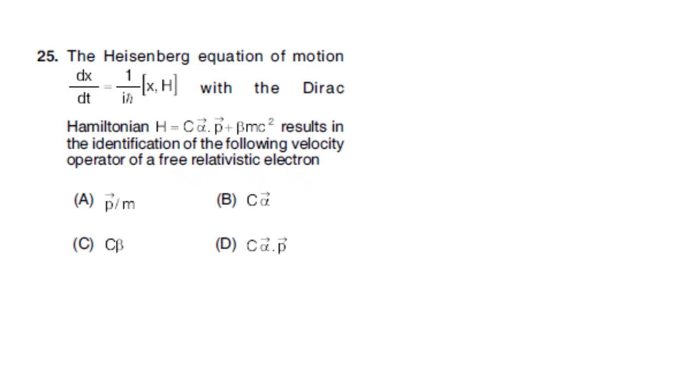So here it is given that dx/dt is equal to 1/(i h cross) commutator [x, H], and here H is given by c alpha dot P plus beta mc square, where alpha and beta are Dirac matrices and m and c are mass and velocity of light. Both are constants.